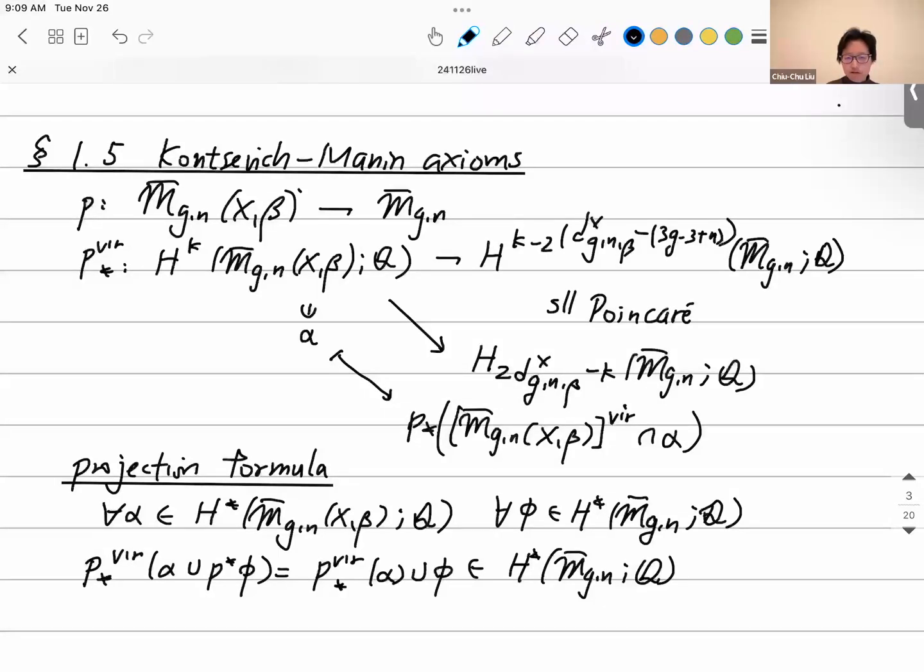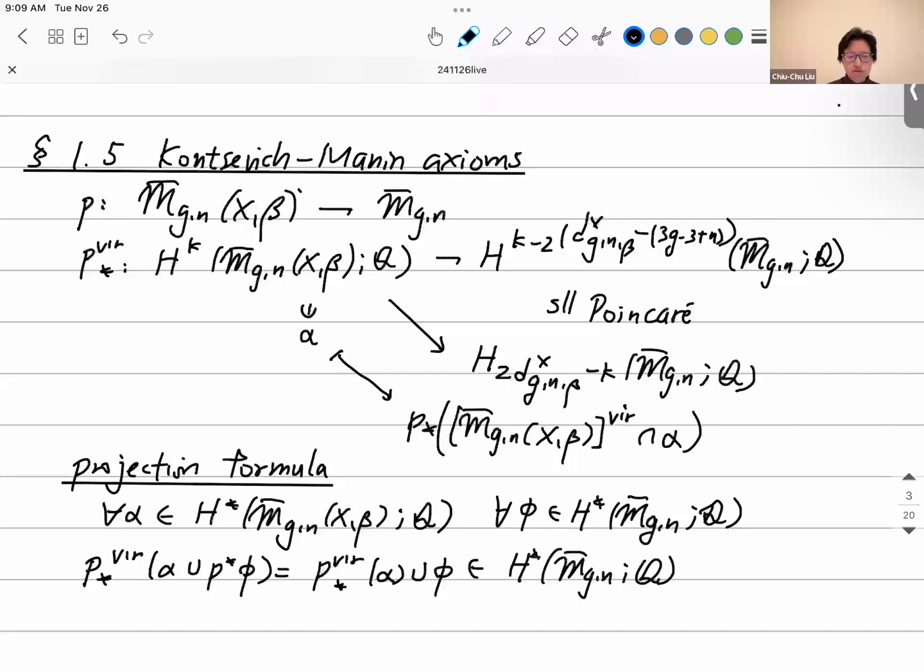Now we get a homology class on M bar g,n, but M bar g,n is a smooth orbifold, so there's a Poincare duality over the rationals. Yeah, so that's the virtual push forward.